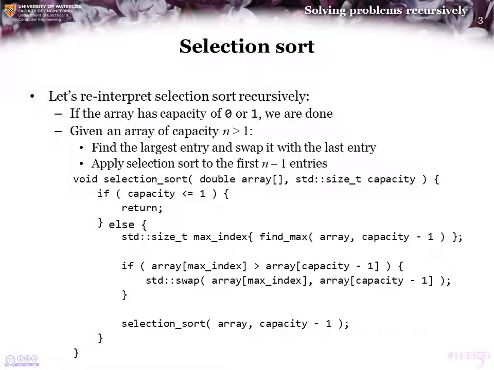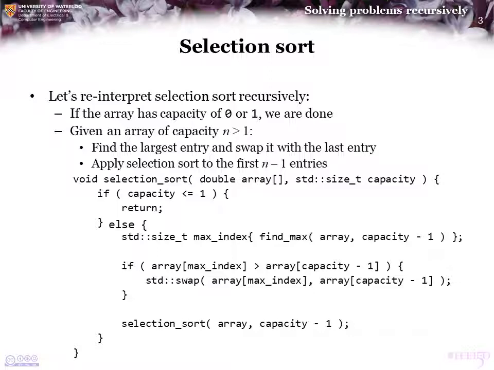So how does this sort an array of capacity 4? Well, it finds the largest entry and swaps it with index 3. It then calls recursively selection sort on that array with the second argument being 3. That finds the largest entry in the first 3 entries and swaps that with the third entry, and then recursively calls selection sort with a second argument equal to 2.